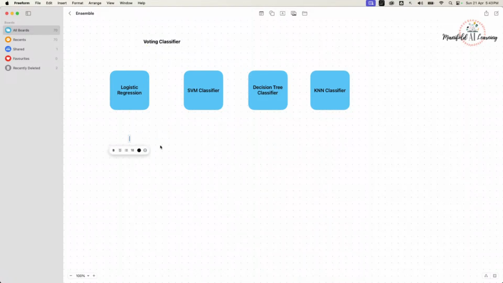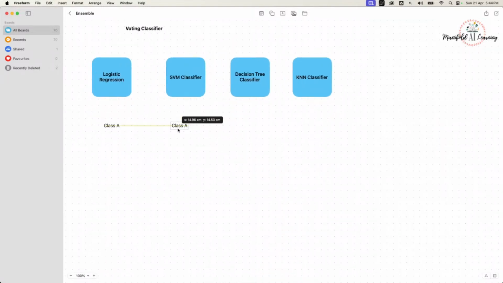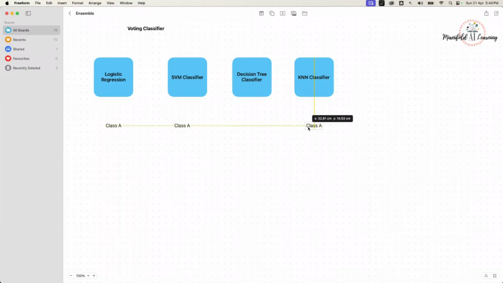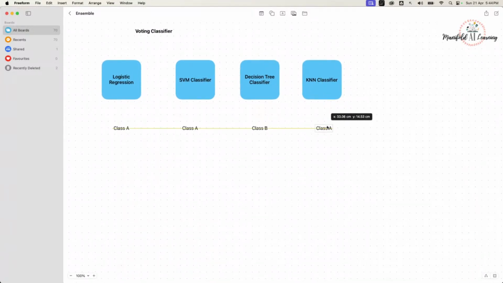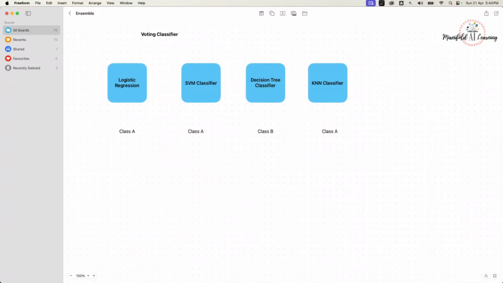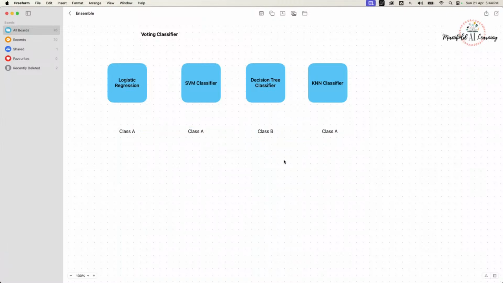Let's say logistic regression gives class A, SVM gives class A, KNN gives class A, and the decision tree gives class B. Instead of going with an individual model, you consider the predictions from multiple models and go with the output that has received the maximum number of votes.